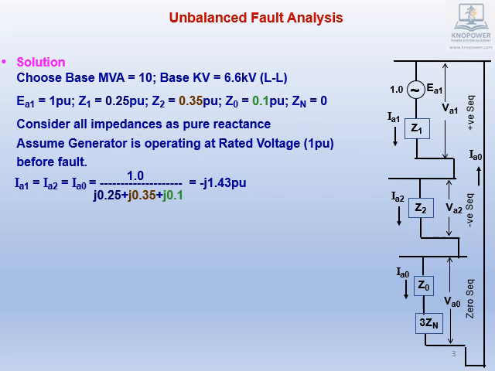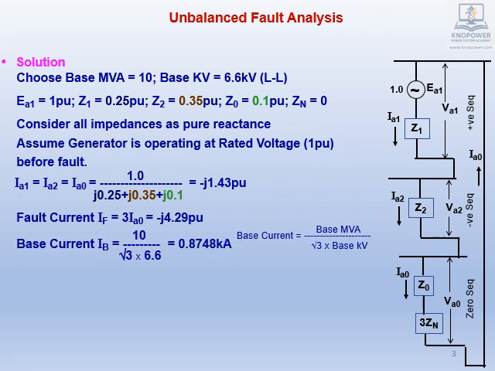IA1 equals IA2 equals IA0 equals 1 divided by Z1 plus Z2 plus Z0. That is, minus j1.43 per unit. Fault current IF equals 3 IA0 equals minus j4.29 per unit.